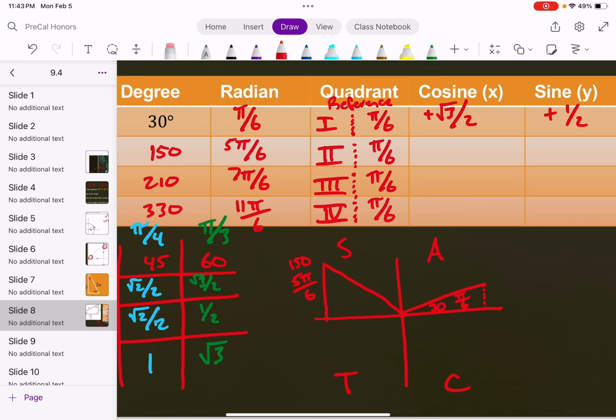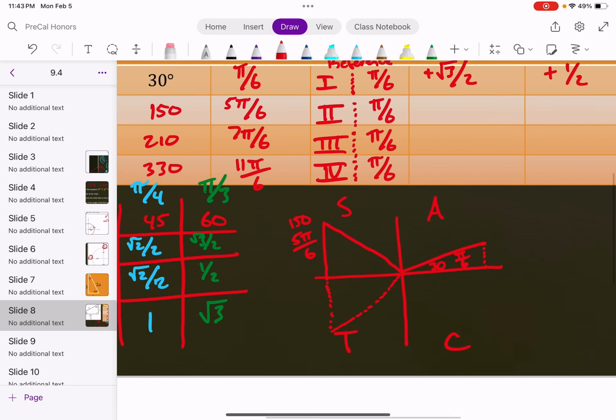Now, our next step over here would be at 210. 210 gets us to this point right here. Now, in this case, as we're running through, notice we are in quadrant 3, and we are looking at pi over 6 as our reference.